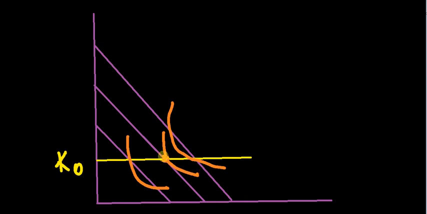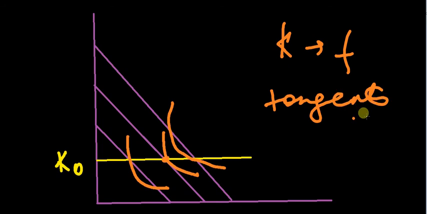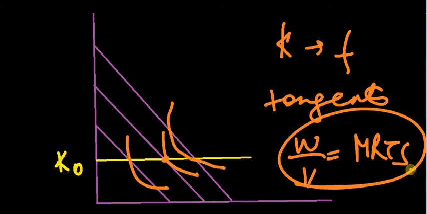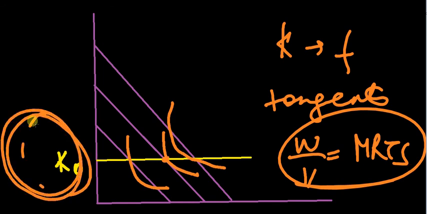Because K is fixed at some level and the tangency condition requires W by V equal to MRTS, I might not always be able to find this tangency condition in the short run, because capital is not a variable. I cannot fluctuate capital and hence cannot adjust the values to find the equilibrium.